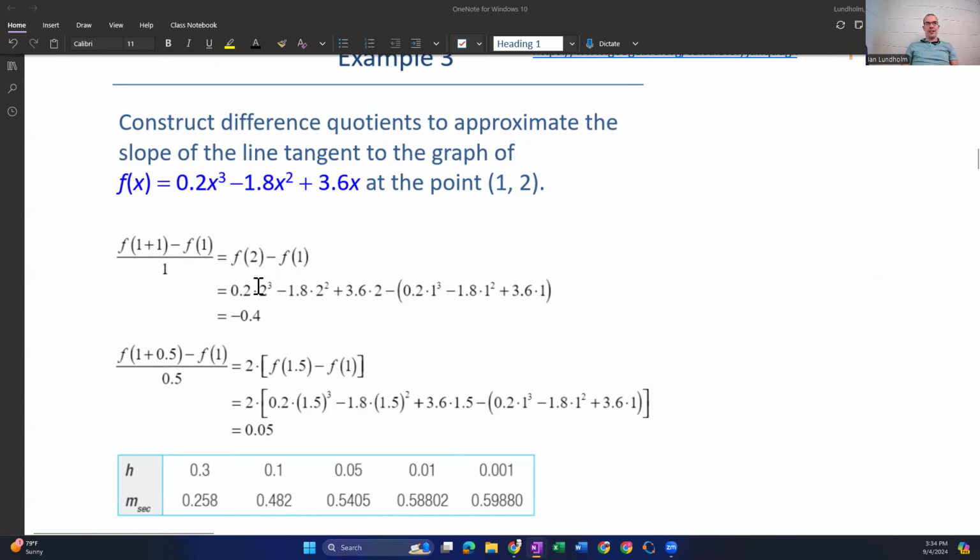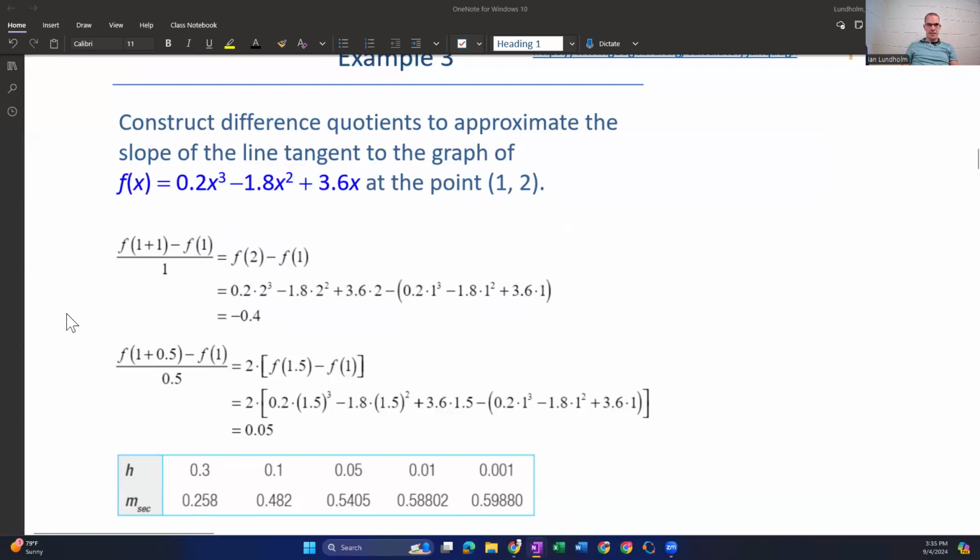It ends up looking like the difference between those two y values is negative 0.4 in this specific case. Then we let that h, or that little step off of x, be a little bit smaller: here h is equal to 1, here h is 0.5, and we would want to let h get closer and closer to 0 over time. That's the table that we see down here.